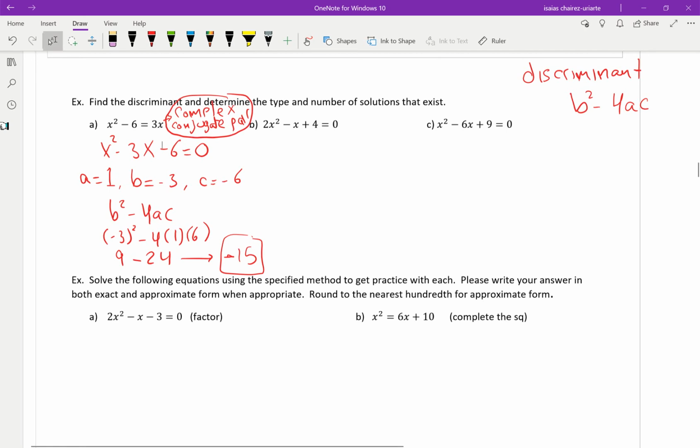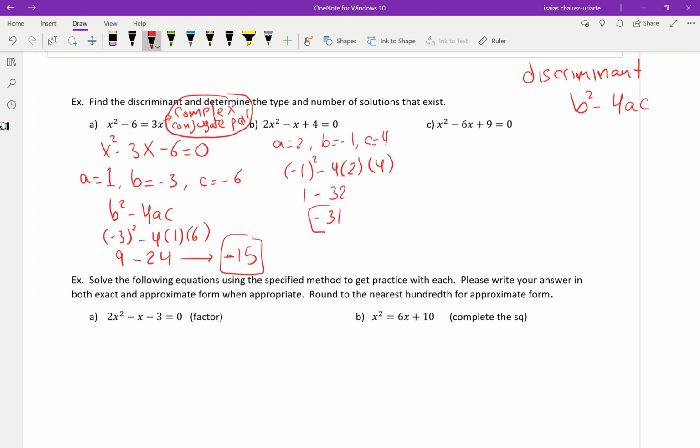Okay, let me compute the next discriminant. And the next one's a little bit more straightforward. I know that a is equal to 2, b is equal to -1, c is equal to 4, and now I'm going to compute (-1) squared minus 4 times 2 times 4. All right, so that becomes 1 minus 32. Yeah, so that's -31.